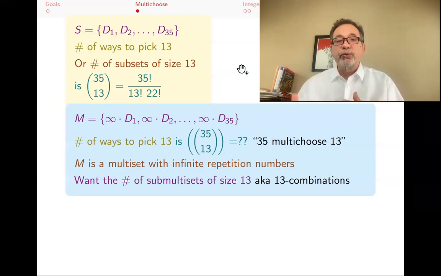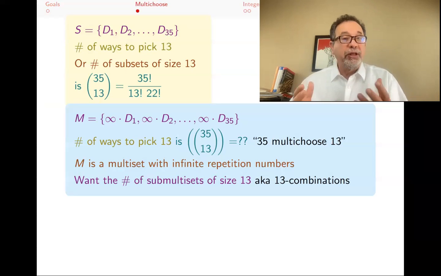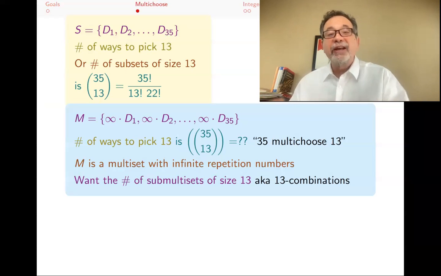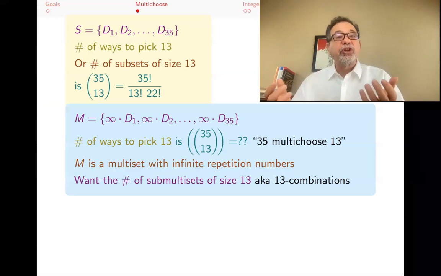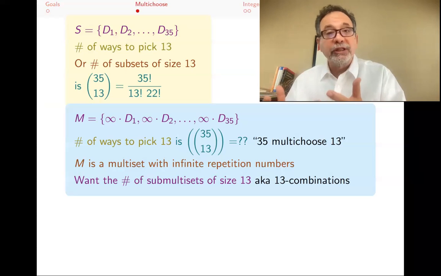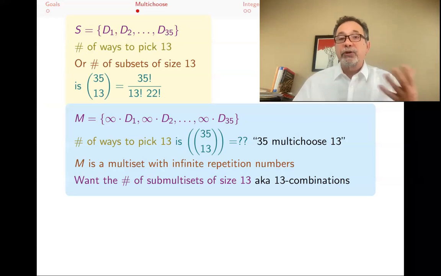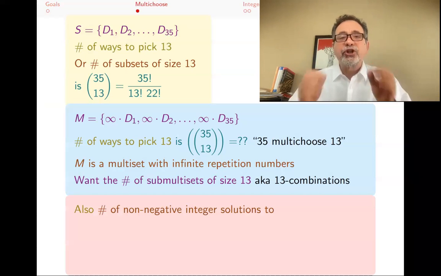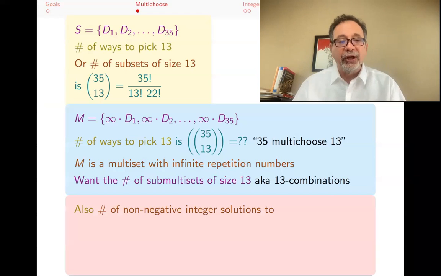So if you use the word 13 combinations, from the context you have to tell whether you're finding that for a set where repetition numbers are 1, or for a multiset with infinite repetition numbers, or other kinds of repetition numbers. In this lecture, we're not talking about other kinds of repetition numbers. In later lectures, we will.